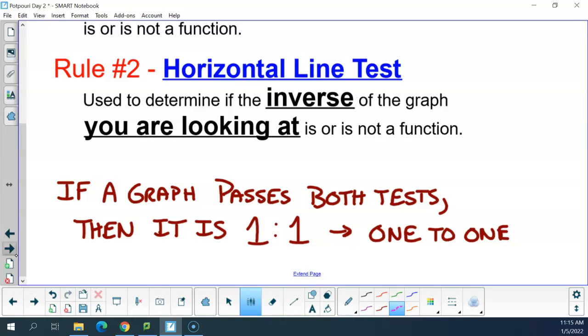The only reason that you are learning about one-to-one functions is because there is a question on your final that asks, is this function one-to-one? So in order to see if a function is one-to-one or not, you have to perform the vertical line test and you have to perform the horizontal line test.